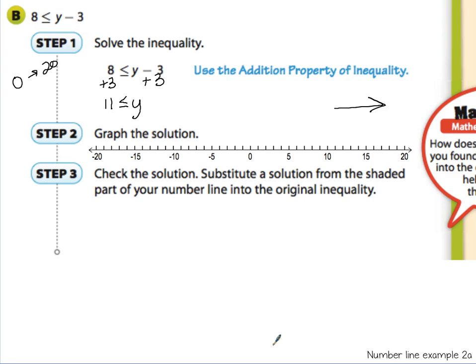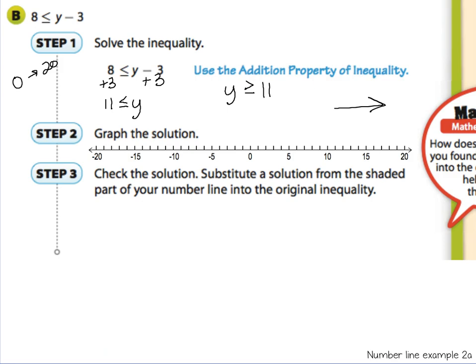This is really confusing, especially when you're just starting out with inequalities. If you're struggling, your goal is going to be to get the variable on the other side. To do that, though, you have to write the variable and then you have to flip your symbol. So y is greater than 11.